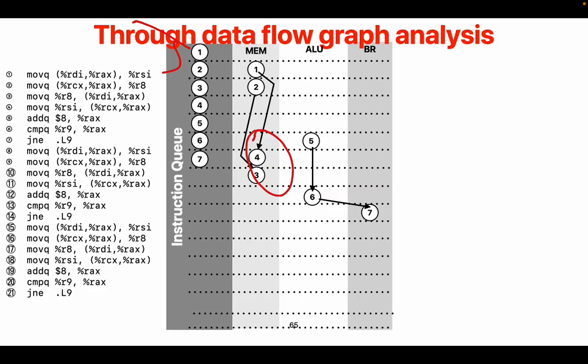Do you remember? 5. So when is the earliest possible time I can execute instruction 8? Theoretically, right here. But we have 6 being issued, and then we have 7 being issued, so it has to be here.